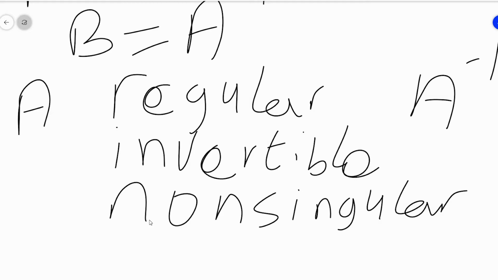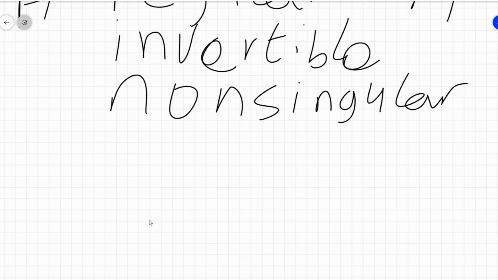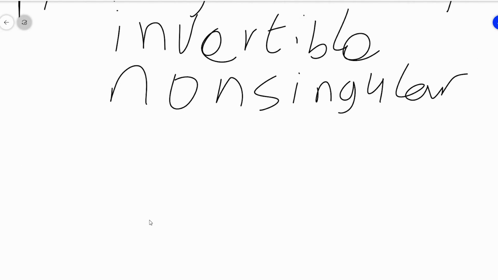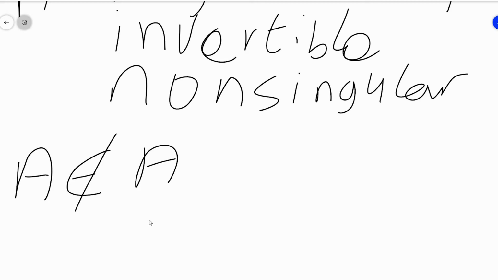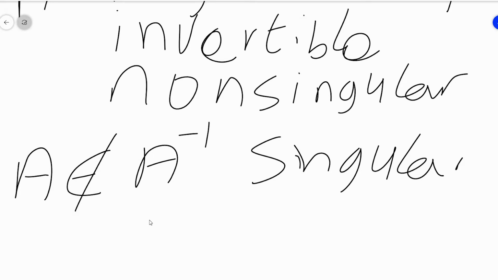But when it does not have an inverse, we call them singular or non-invertible. So something like just the opposite. So if A does not have an inverse, we say it is singular or non-invertible.